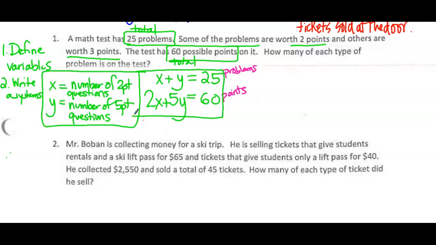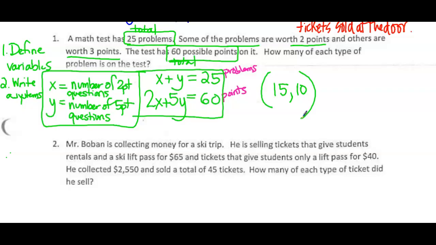So on the top row, you're using the coefficients of x and y. So you're typing in a 1, and a 25 on the right. On the bottom, you're going to type in a 2, a 5, and a 60. After you type those in, you hit solve, and you get a solution. The top is 15, the one on the bottom is 10.